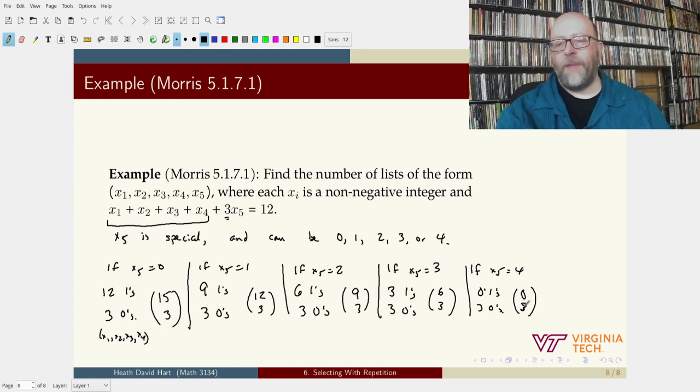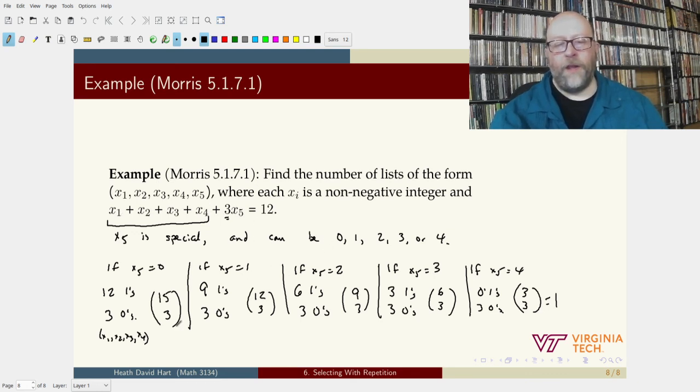Not 0 choose 3, sorry, that's 3 choose 3, because we still have to have the 3 zeros. Any number choose itself is always equal to 1. And so there's only one way of doing this. If x5 is 4, all the other variables have to be 0.